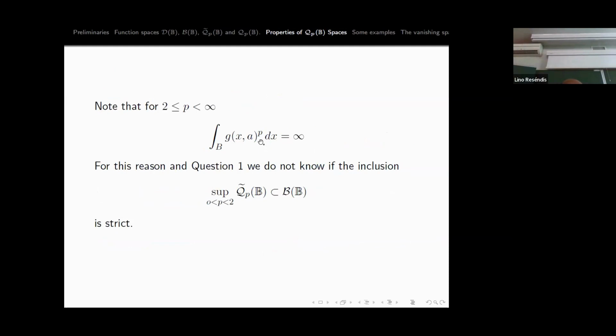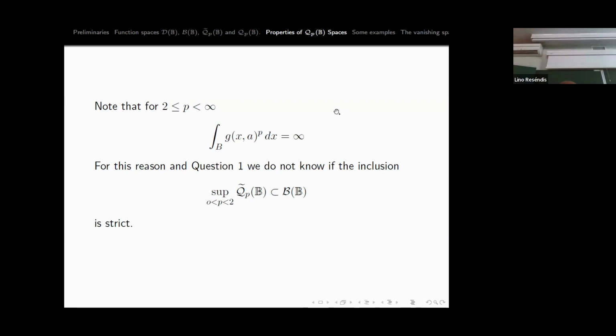Only some remark here, because if we consider p greater or equal than 1, our weight function is equal to infinity. And again, we don't know if this inclusion is strict for p between 0 and 2, the supremum when we consider Qp tilde. Because we don't really know how this Qp space behaves with respect to the Bloch space.